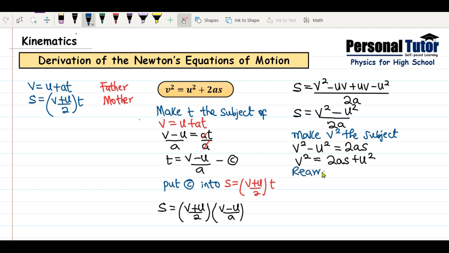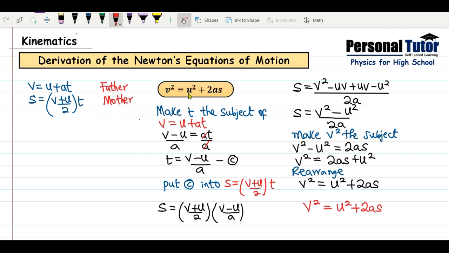All you do next is you rearrange to suit how Newton solved his. And that will yield v squared equals, the u squared will then start as u squared plus 2as. So simply, the next offspring equation is v squared equals u squared plus 2as.